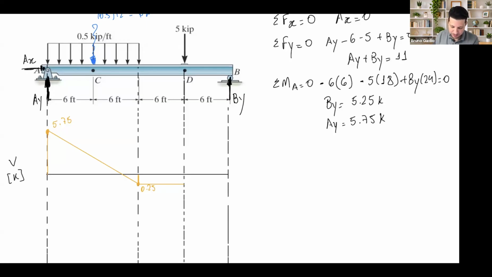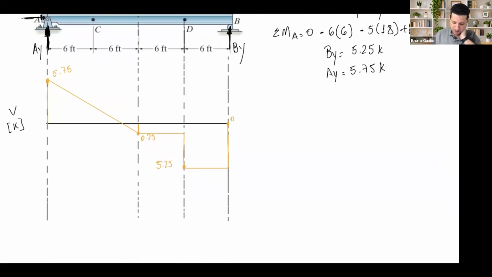So 5 kips, I'll go all the way to 525, and then I'll finish here straight, and By is going to push me back to 0. And I forgot this is negative, of course. For my area, it's important for me to keep the negatives.